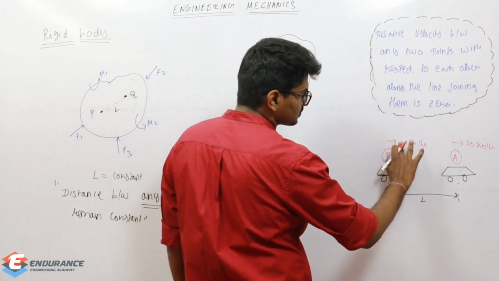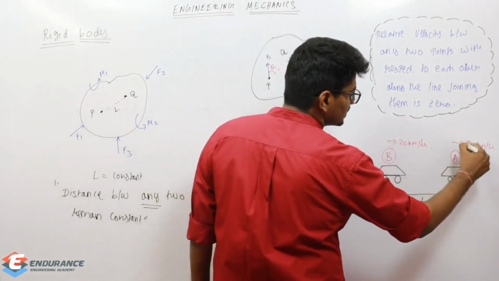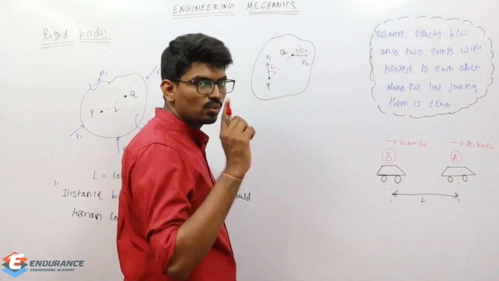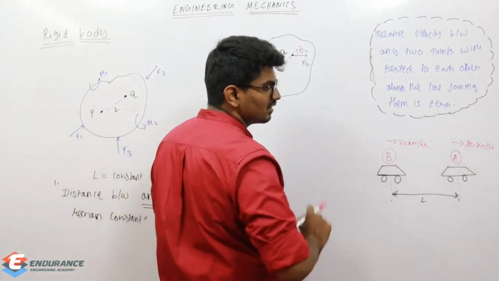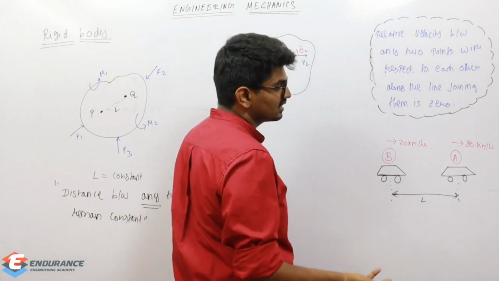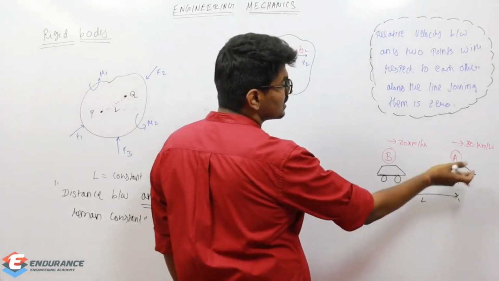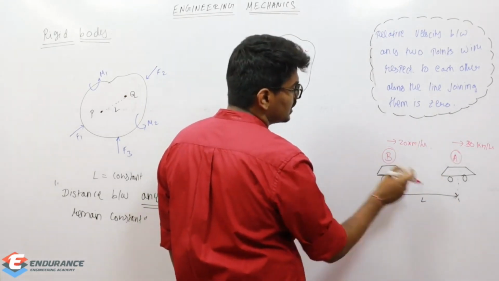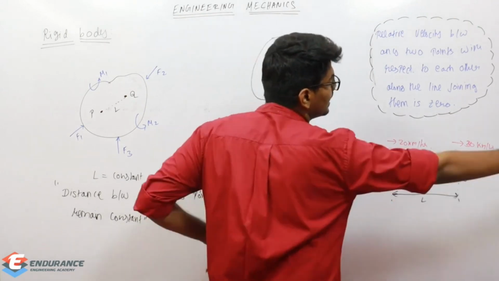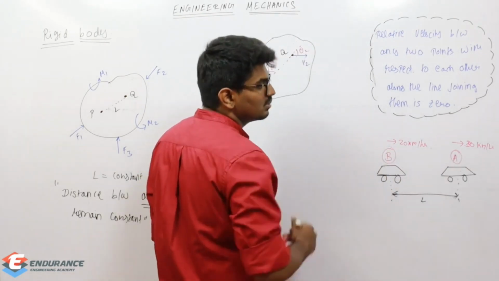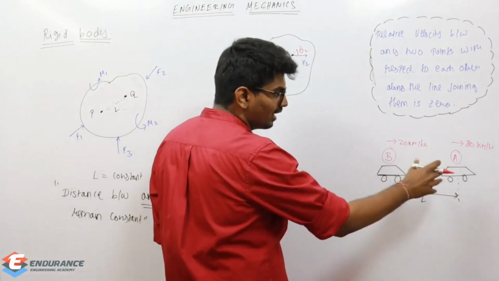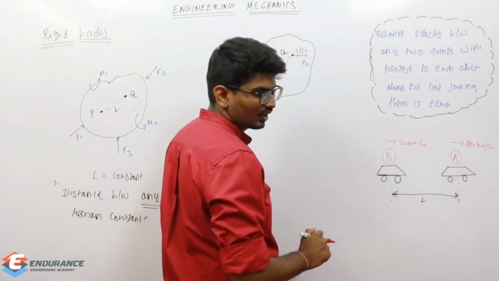Suppose this is 20 and this is 30, that is, in 1 hour this is traveling 30 km, in 1 hour that is traveling 20 km. So obviously this is going to travel much faster than that, so this distance will further increase, right? So there is some relative velocity between these two, that is velocity of one with respect to the other.